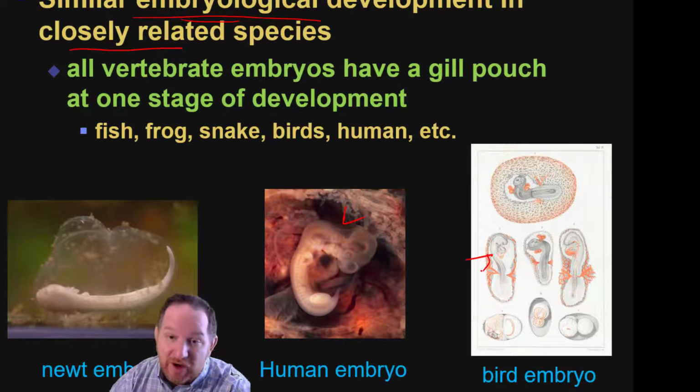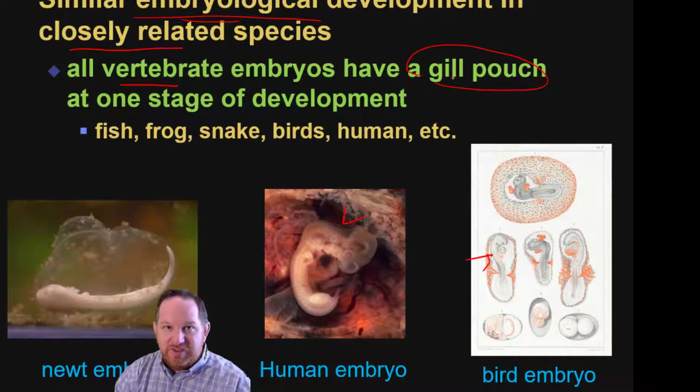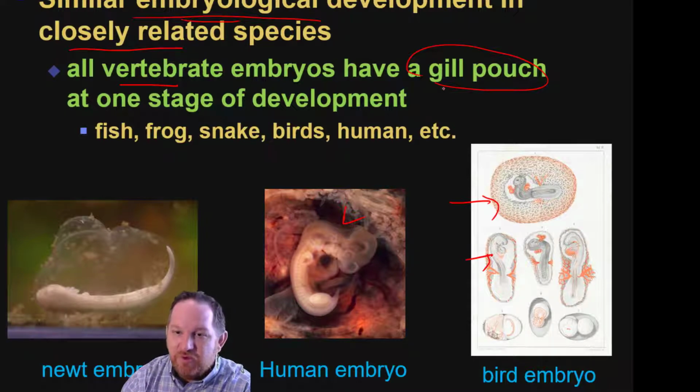We actually, all vertebrates, have a gill pouch at one stage in our development. We as humans don't have gills, but at some point during our development, in our embryology, in the womb of your mother, you had a little bit of a gill pouch. Now you don't need that now, of course, but it's sort of in our DNA still.